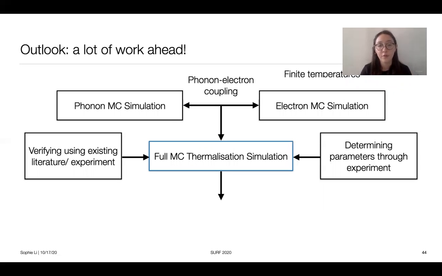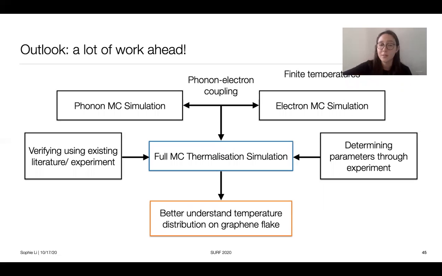And then we can have a full Monte Carlo simulation. And through various additional features put into this Monte Carlo simulation, we will be able to fully understand the temperature distribution of the graphene flake better. So we can have a better idea of how the single photon detector works at very accurate scales.